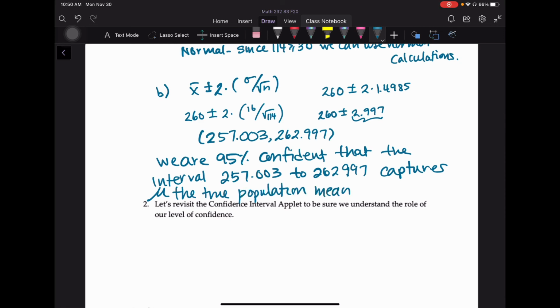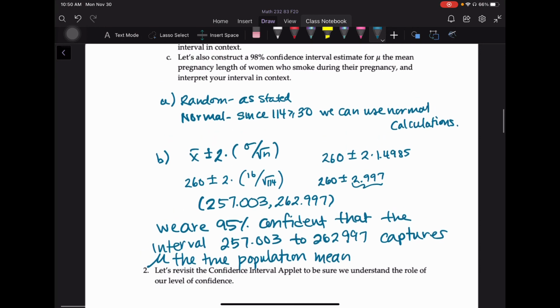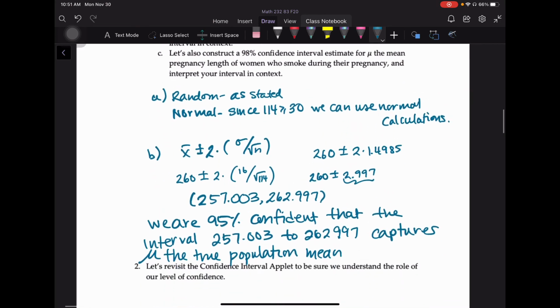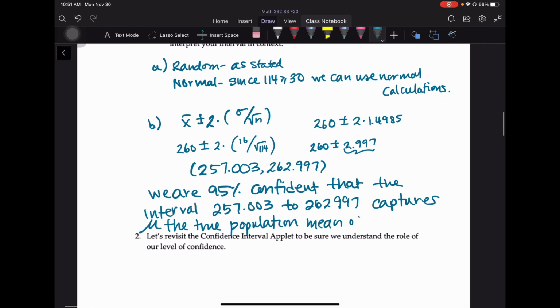Well, what are we talking about? In question B at the top, it says, construct an interval for mu, the mean pregnancy length of women who smoke during pregnancy. So this is the true population mean of women who smoke during pregnancy.